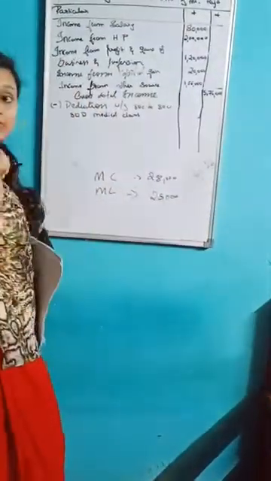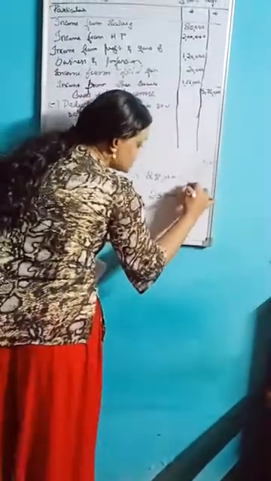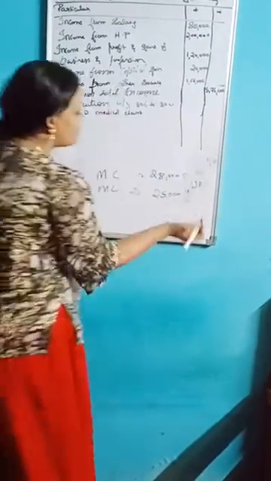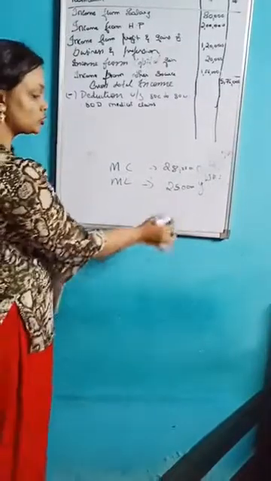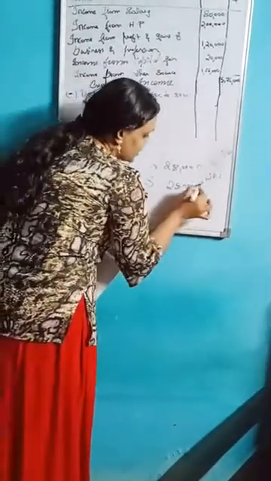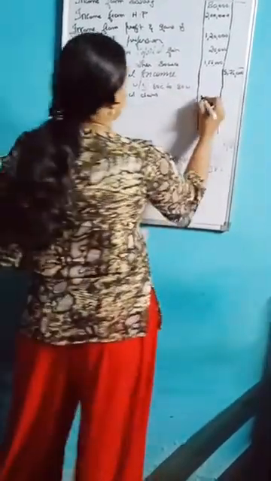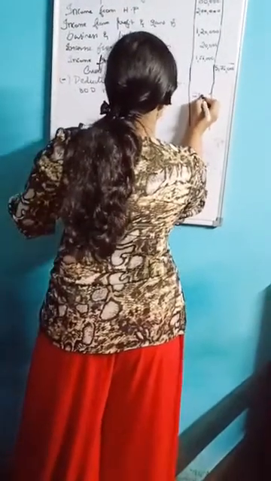In this, whichever is less, that value you should take. So you should take the maximum limit, 25,000.